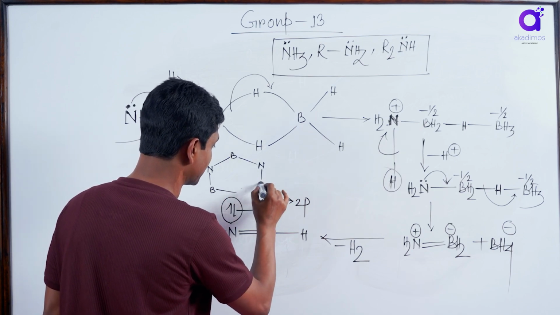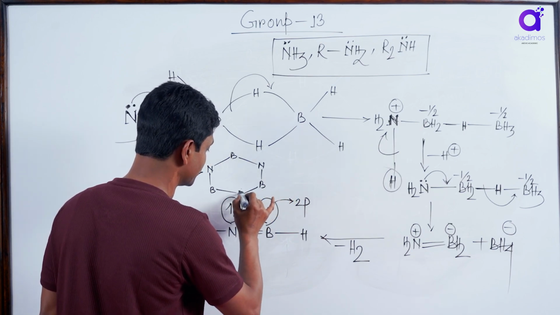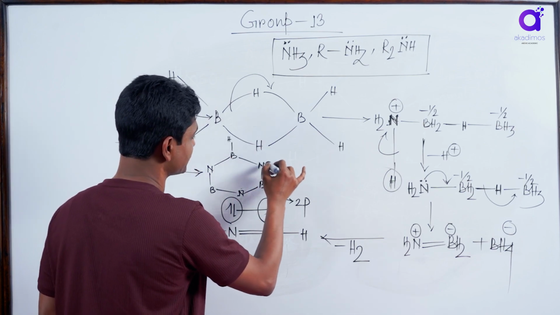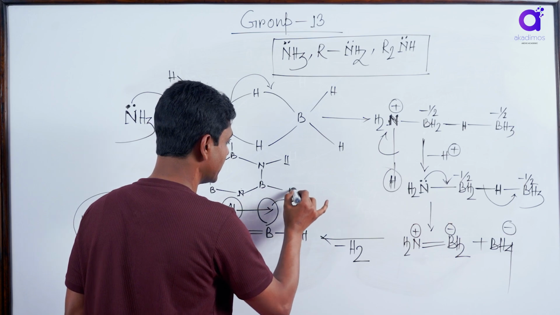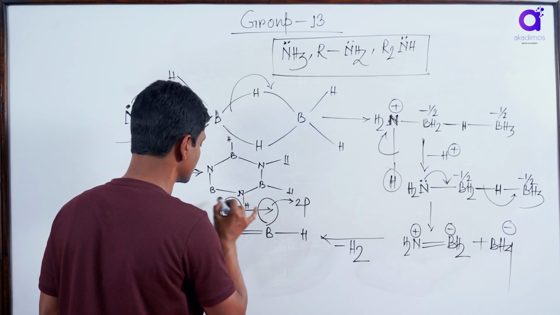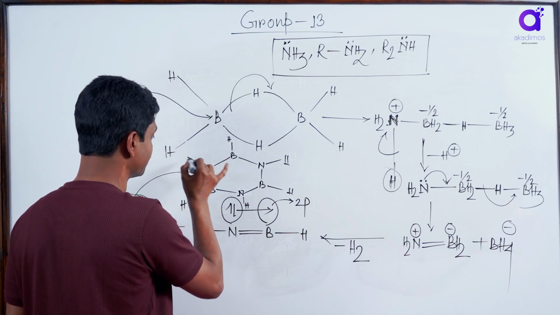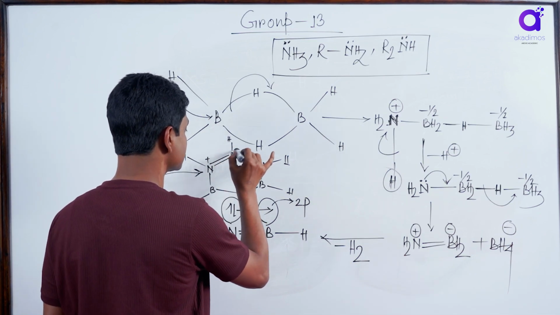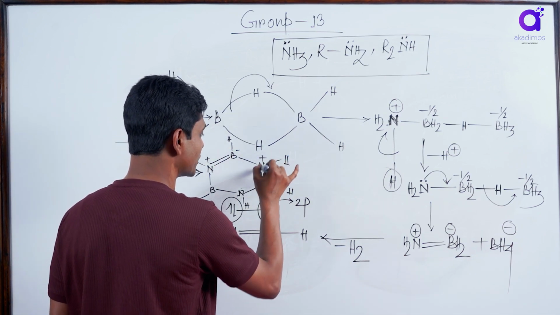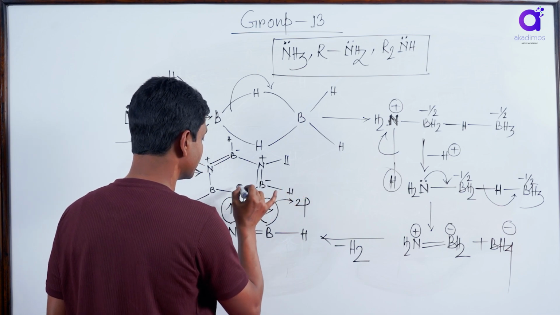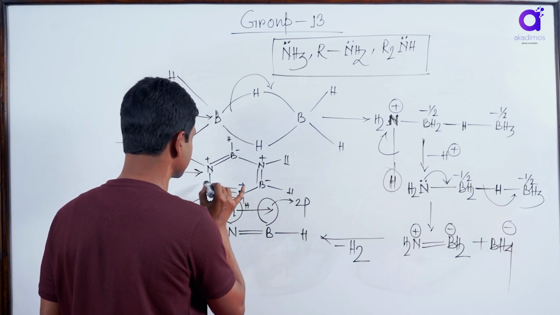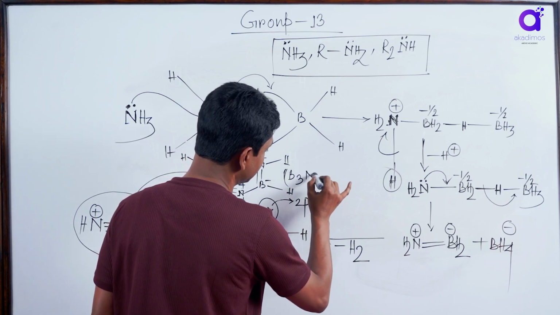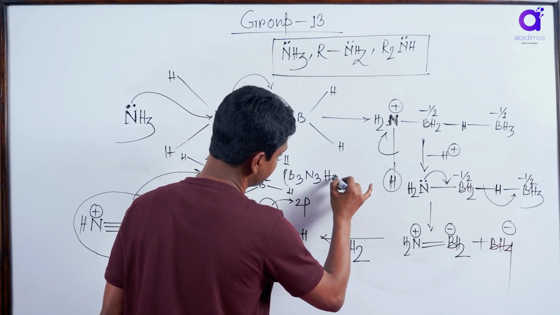This is boron, alternate boron and nitrogen I have written here, and with each boron and nitrogen there is hydrogen. I have drawn hydrogen also. This is called inorganic benzene or borazine. Nitrogen donor plus boron acceptor, nitrogen donor plus boron acceptor, nitrogen donor plus boron acceptor. This is B3N3H6.